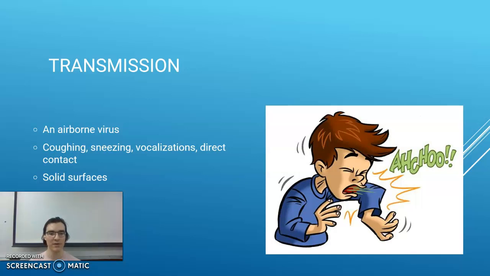So if an infected individual wipes their nose and puts their hand on the table, and then a non-infected individual comes up, touches the table and then maybe scratches their nose, mouth, or eye, then the virus can enter into the body through those portals of entry. And with coughing and sneezing, this will spread the virus through the small particles in the air, making it airborne.